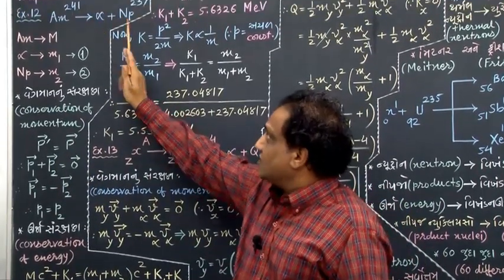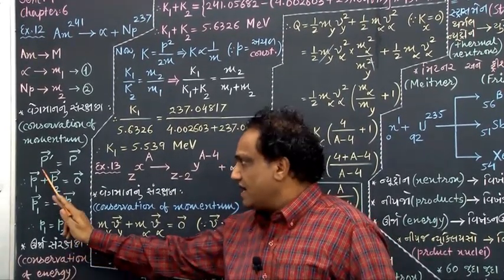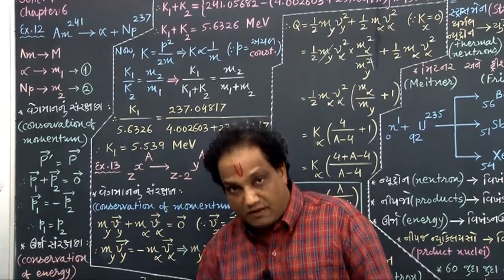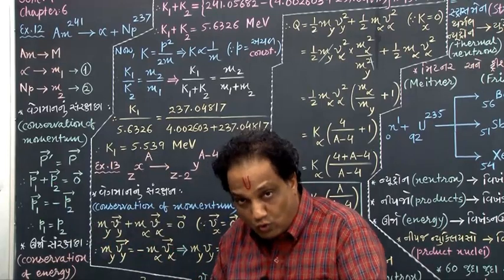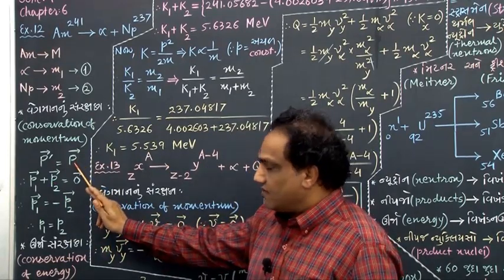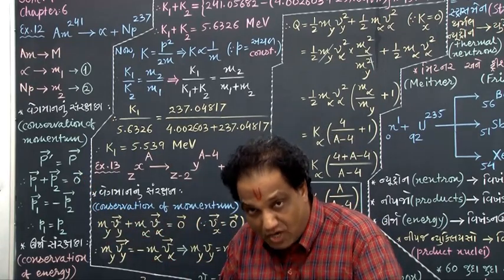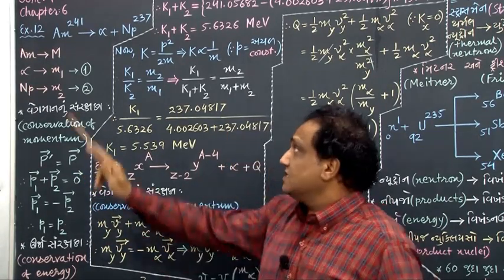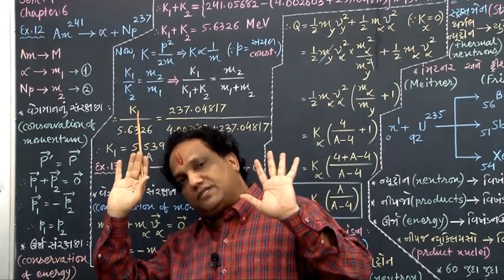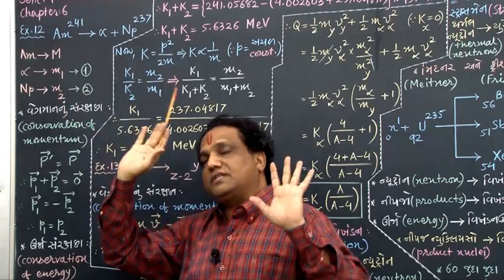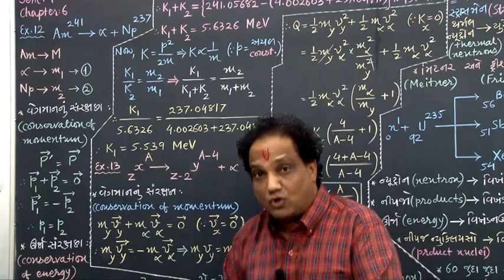Now in the final condition, we have two components, that's why I am making their vector addition of their linear momenta, vector p1 plus vector p2, and that equals to initial linear momentum, which should be taken 0 vector, because initially this americium nucleus is at rest. Because this initial nucleus is at rest, its initial momentum is 0.